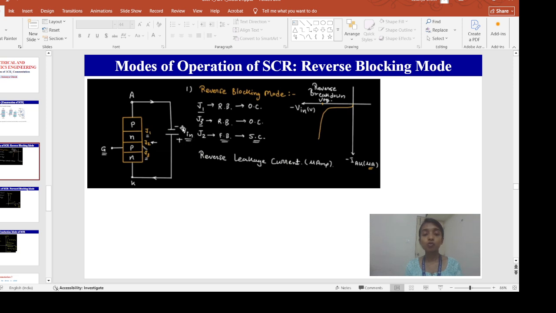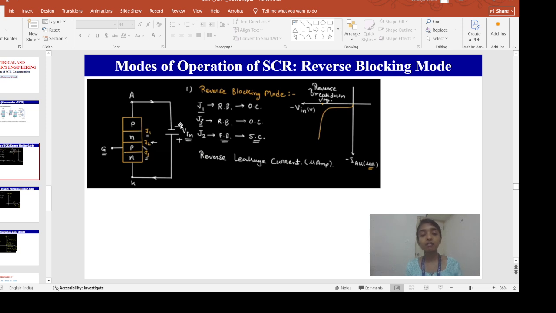Now if you increase this V in to the reverse breakdown voltage, what will happen? See here, J1 and J3 are reverse biased, right? So the depletion regions at J1 and J3 are large. We know that as we keep on increasing the reverse bias voltage, the depletion region width increases.